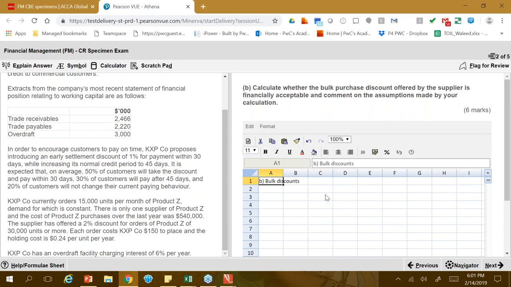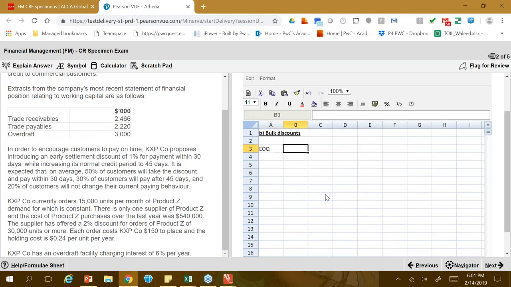First thing is to work out the EOQ. Sometimes students find it difficult to calculate EOQ on a spreadsheet. Well, it is not difficult because there is a function SQRT to take the square root. And then 2 into the CO. The CO is 150. What is the annual demand?